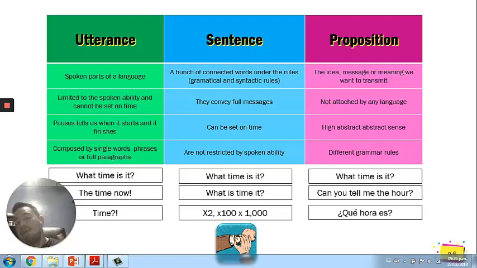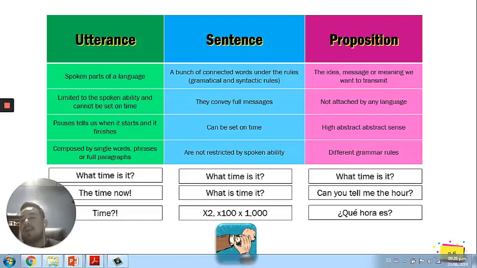The pauses before and after an utterance tell us when this utterance has been finished. For example, if I say, "What time is it?" once I have made the pause, it means that I have finished my utterance and that utterance has died, so to speak.